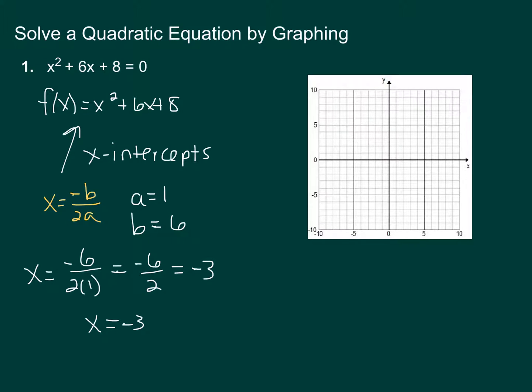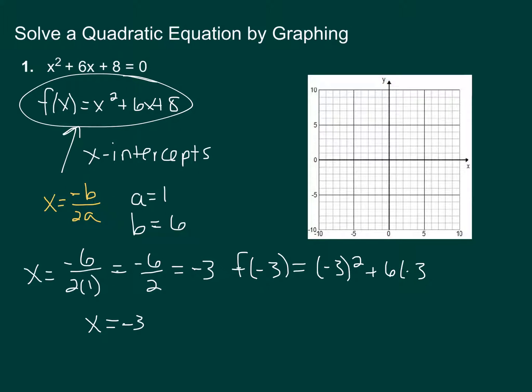So x equals negative 3. Now let's find the y value of the vertex. So we're going to plug in negative 3 for x into our function, because remember, we're actually graphing that function right now. And we're going to find the y that goes with that x. So negative 3 squared plus 6 times negative 3 plus 8. 9 minus 18 plus 8. 9 minus 18 is negative 9, plus 8 is negative 1.